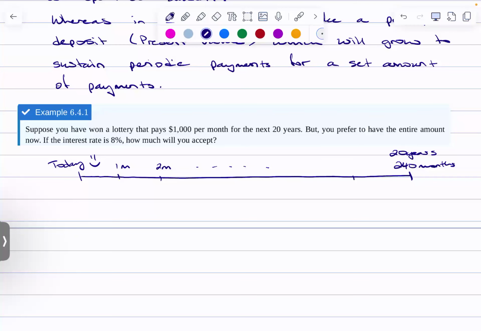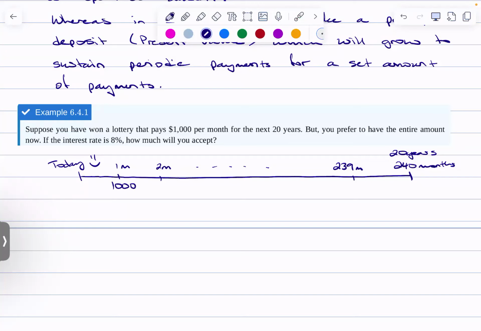But I do check back in here at 239 months. And they all behave the same. So at each month, I'm going to get $1,000 per month. We did talk about annuities due, which is when the payments are at the beginning of the month, but we'll just focus on regular or ordinary annuities, where payments are at the end of the month. And so you win the lottery today and they say, wait for your check.